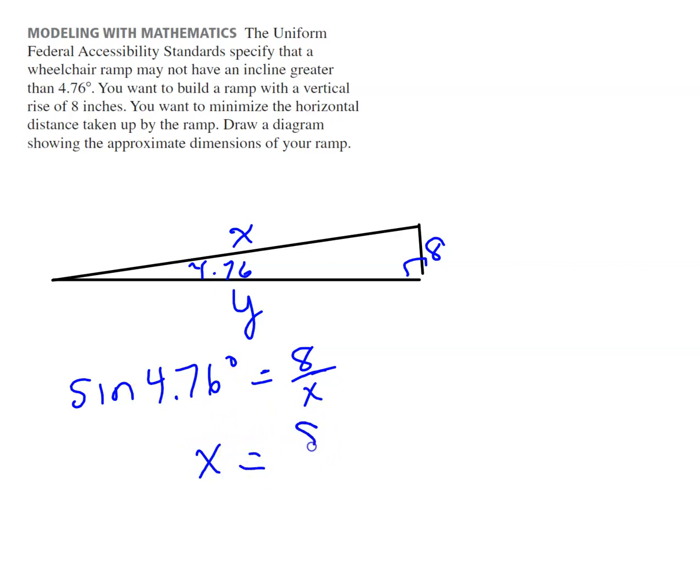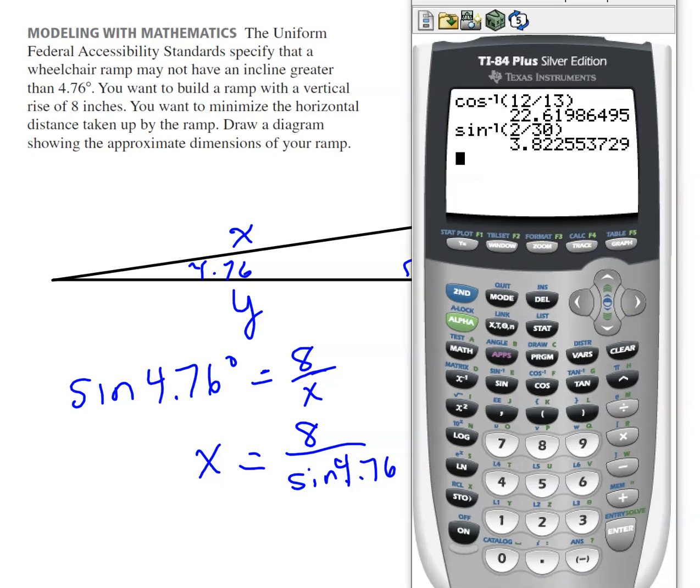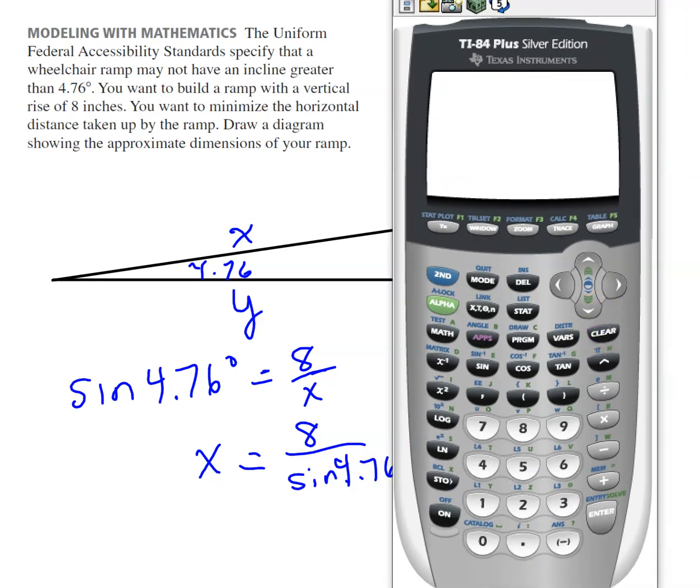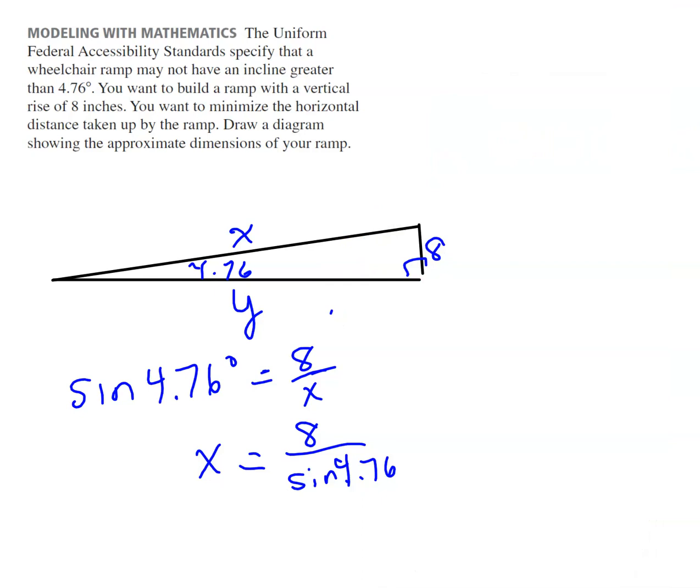So x is equal to 8 divided by the sine of 4.76. We'll grab our calculator. And we'll do 8 divided by the sine of 4.76, which is about 96.4 inches. So the length of our ramp is 96.4 inches.